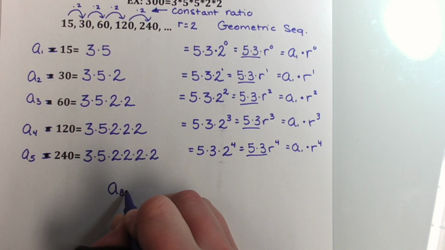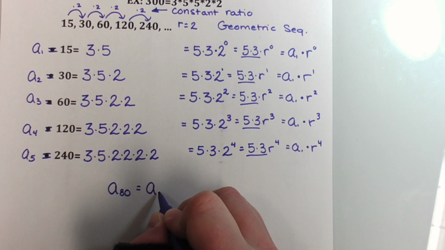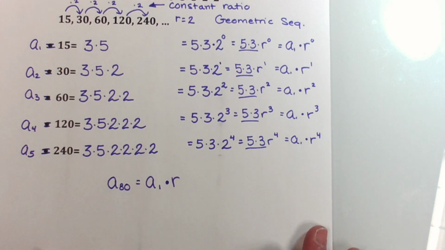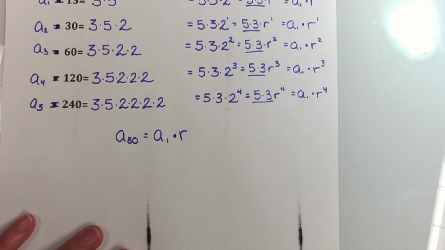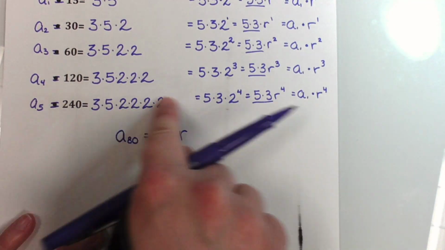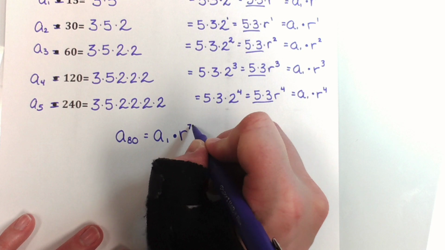for this one, a sub 5 would be equal to a sub 1 times r to what power? Not quite. 5 has a 4, 4 has a 3, 3 has a 2. Yeah, other direction.